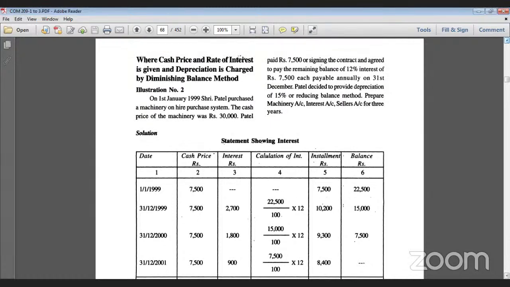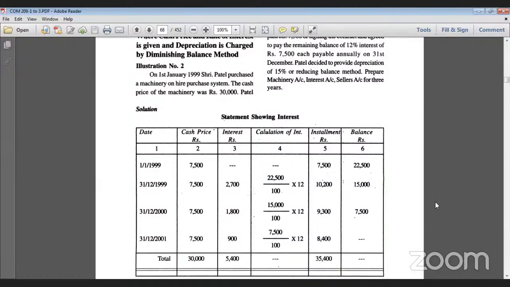Patel paid rupees 7,500 on signing a contract, and agreed to pay the remaining balance with 12,000 interest in installments of rupees 7,500 each, payable annually on 31st December. Patel decided to provide depreciation of 15% on the reducing balance method. Prepare machinery, interest and seller account.